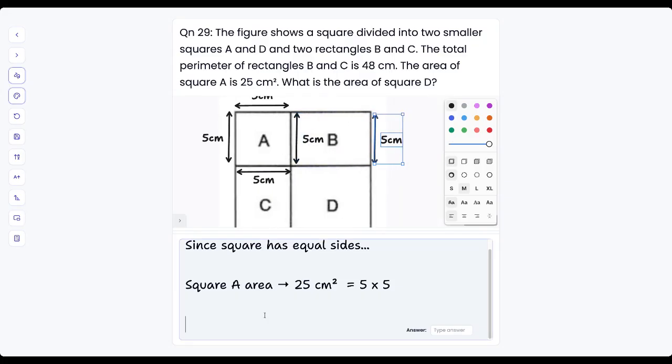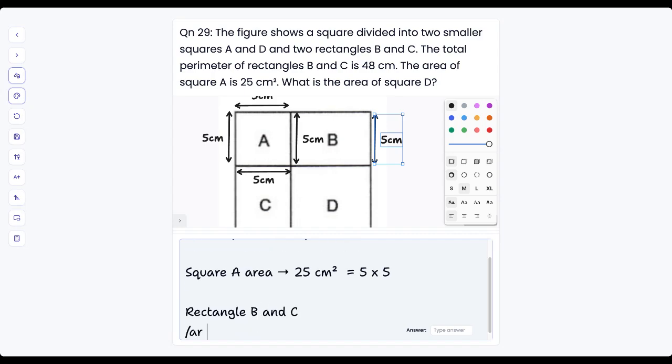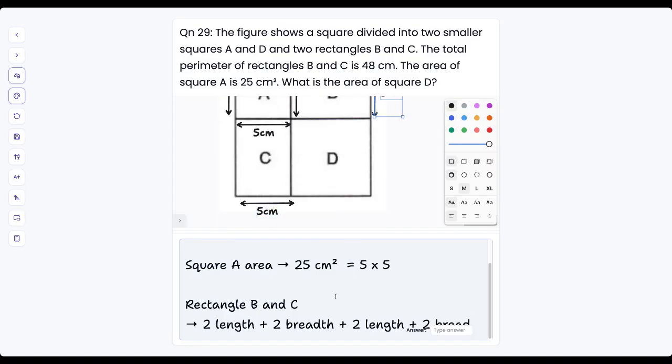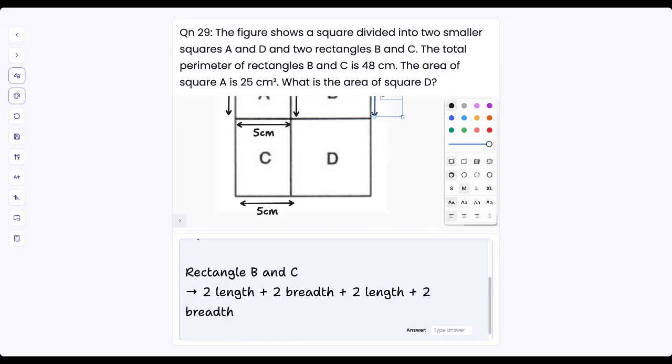So that means for rectangle B and C, the perimeter is equal to two length plus two breadth plus two length plus two breadth. Or is it four? Oh yeah, correct. Two length, two breadth. So this is equal to four length plus four breadth.